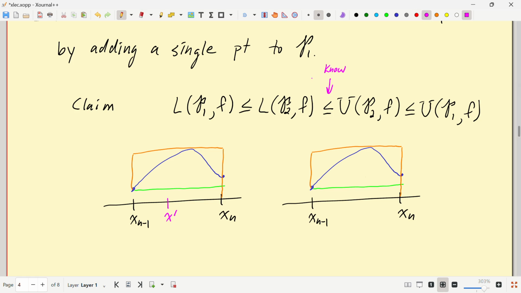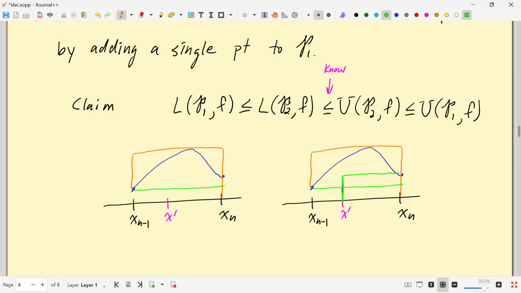Okay, I'm going to move my x prime over here. Okay, that's correct. My left-hand picture is still correct. But now my right-hand picture, this is my new lower sum. My lower sum gets bigger. My upper sum is going to get smaller.